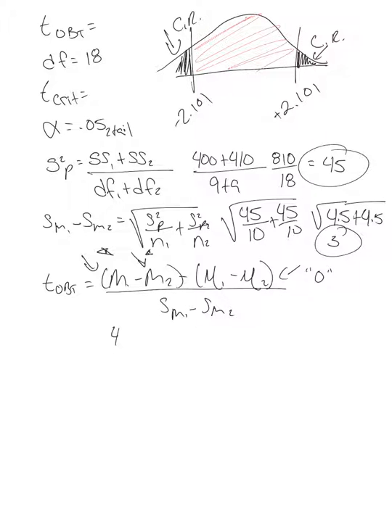Okay, so we had the mean from our first group, the alcoholics, was 43, minus 57 for the non-alcoholics, divided by 3.